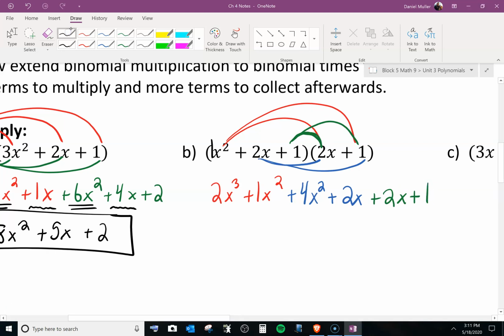Now we are going to look for some like terms. There's only one x cubed, we'll put that at the beginning. There's a 2x cubed. And then we've got our x squared, so there's that one and that one. 1 plus 4 is 5, so we've got a positive 5x squared. And then we've got our x's, 2 and 2 is 4, so we have 4 x's, and then a tack on a plus 1 at the end.